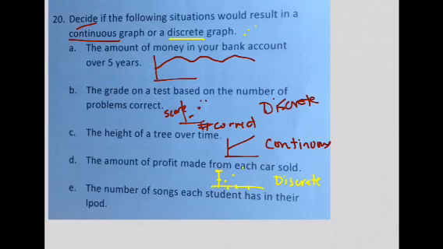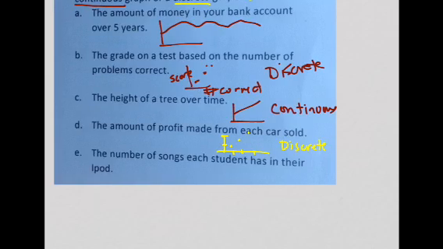The number of songs each student has in their iPod. Okay, again, that would be another discrete graph. So student number 1 can have this many. Student number 2 can have this many. Student number 3 can have this many, and so on. So this is another discrete graph.